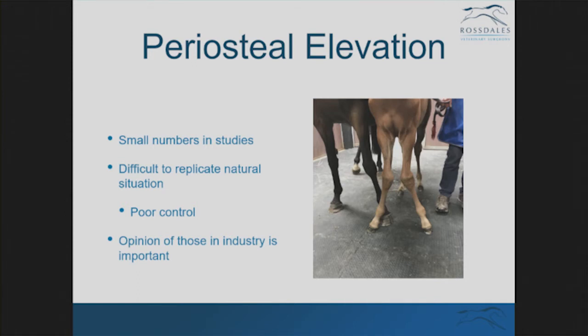It's very difficult with a lot of thoroughbred foals to introduce a proper control to that study. And so I think the opinion of those in the industry is very important, and if people feel like they work well, then that opinion is important and certainly shouldn't be ignored. I think there is definitely a place for periosteal elevation in foals, especially in carpal valgus foals.